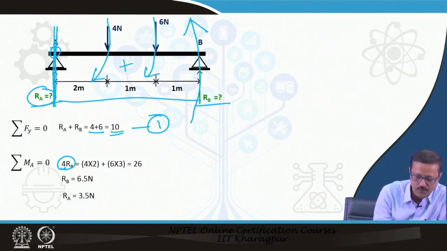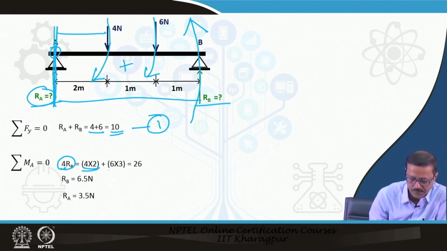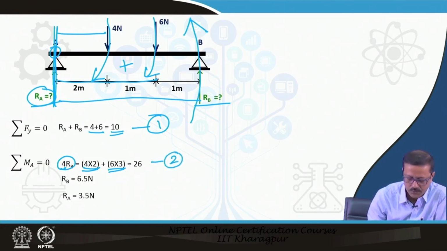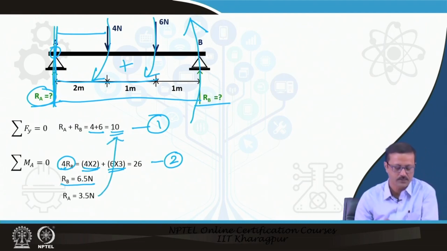The 4 is at a distance of 2 meters, plus the 6 is at a distance of 3 meters. This is the other equation, equation 2. Solving this, I can directly find R B equal to 6.5, and R A equal to 3.5 can be computed from the first equation.